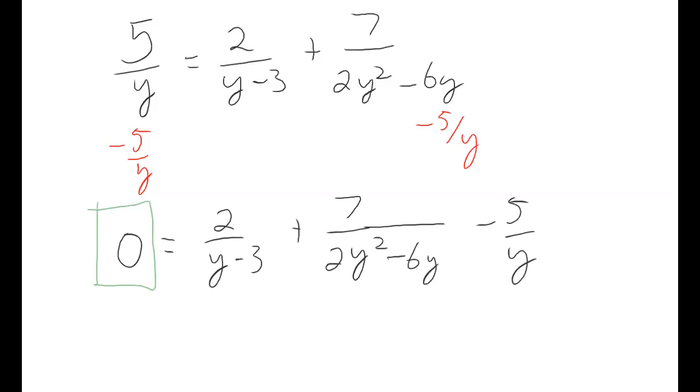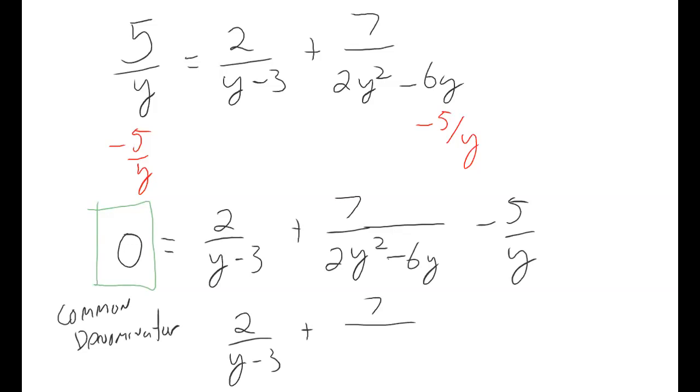So now, because I am adding and subtracting fractions, I have to find a common denominator, right? So before I can do that, let's simplify this problem. So I have 2 over y minus 3 plus 7 all over, I can take out a 2y, which gives me 2y times y minus 3, minus 5 over y.